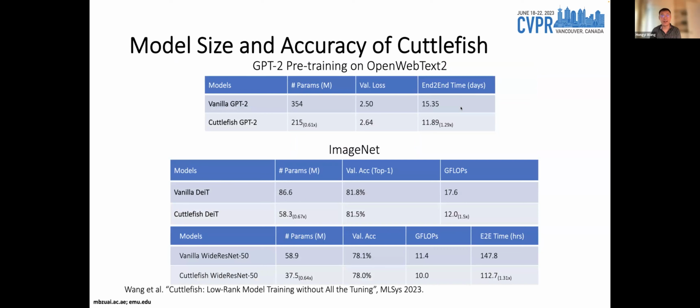In federated learning it can work even better because communication becomes the bottleneck. But even for centralized training, even for training a GPT model, it can remove, let's say, 40% of model weights with only a marginal accuracy drop. Here it's just a loss increase, but it achieves a very good end-to-end speedup.